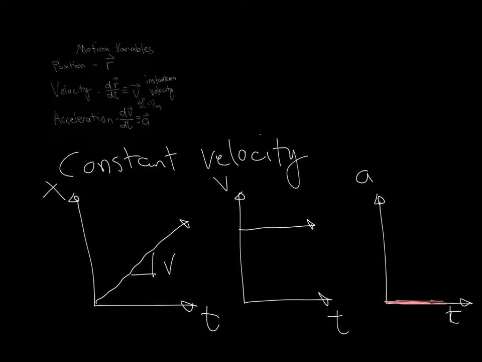So velocity is the rate of change of position versus time, the slope of that graph, and then when you look at acceleration, acceleration is the slope of velocity versus time. So you can go like this.